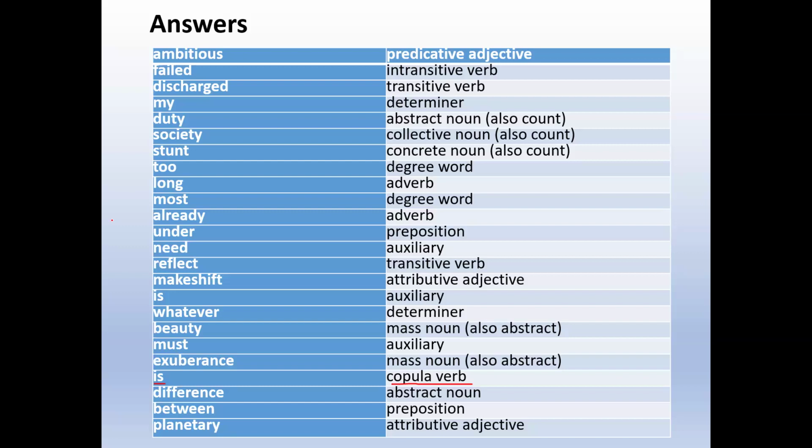Which word for the word already? We are talking about already. Adverb of time? That's all right. Okay, fine. Because there are so many categories of adverbs, if you are sure, you can write adverb of place, adverb of time, or adverb of manner. It's all right.